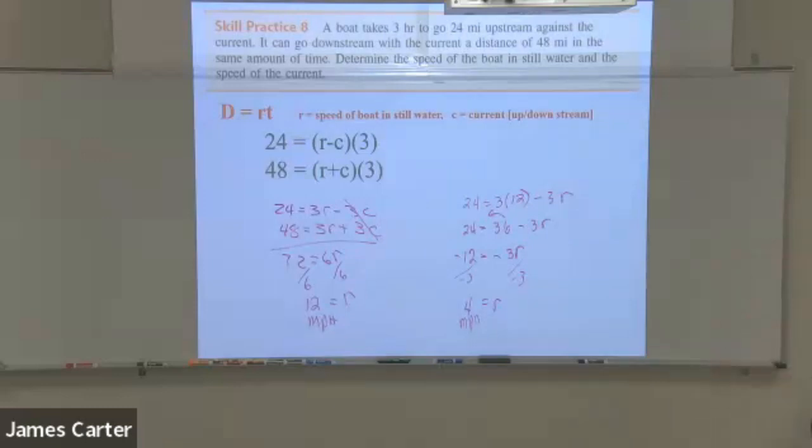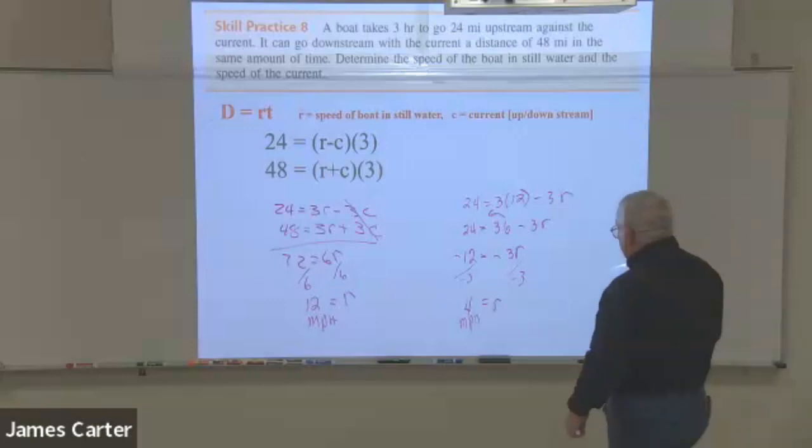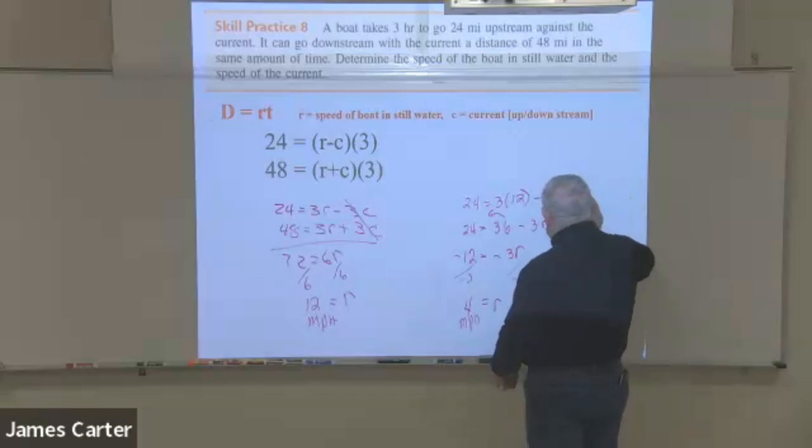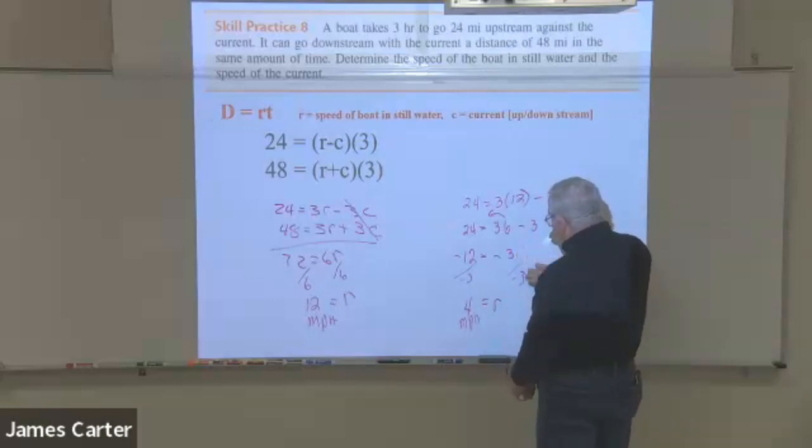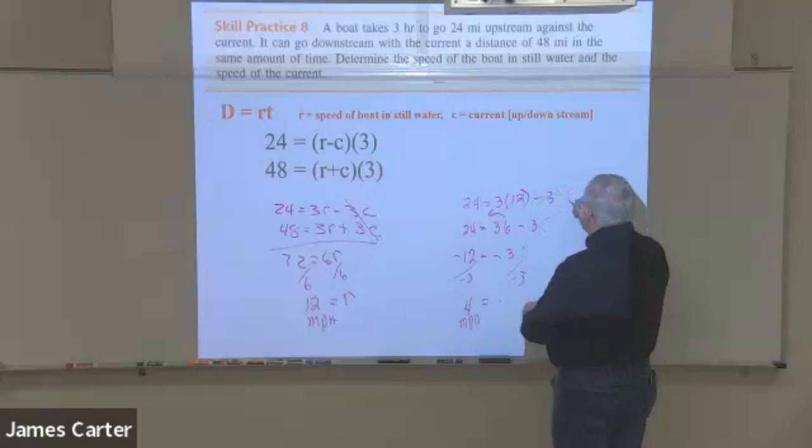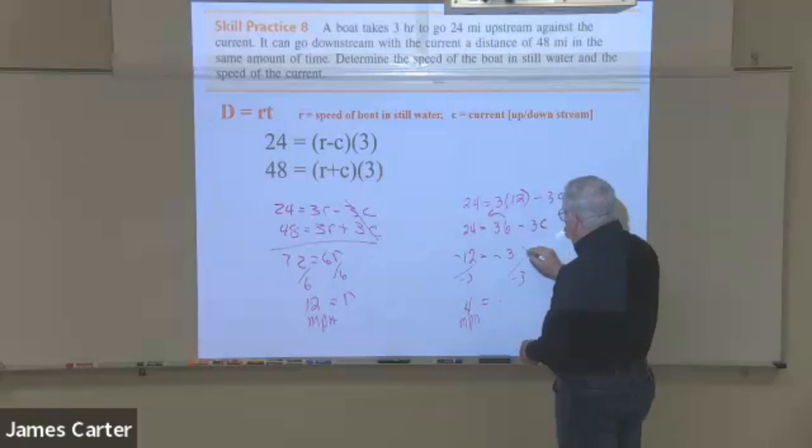Well, you see these two D equals RT problems are fundamentally the same. Yes. If this is current, why is it an R? I thought current was C. All right, excuse me. Thank you for catching that. How about if I replace all of these with C's?